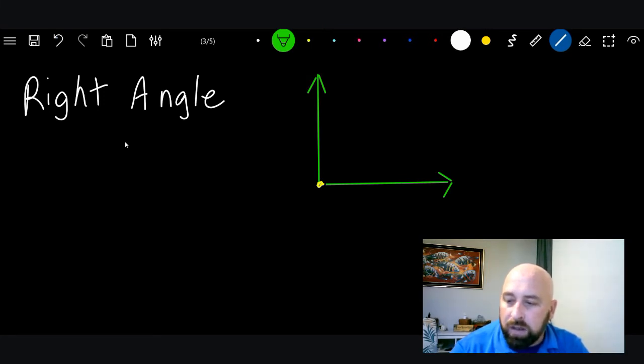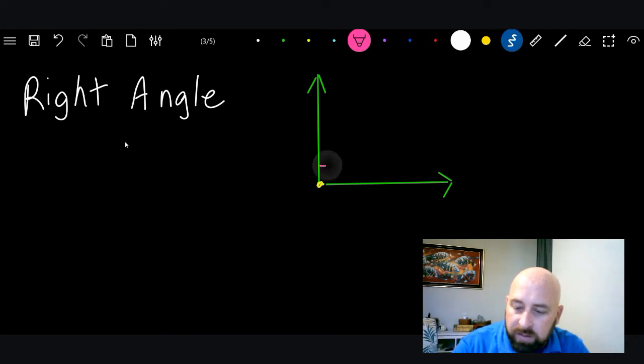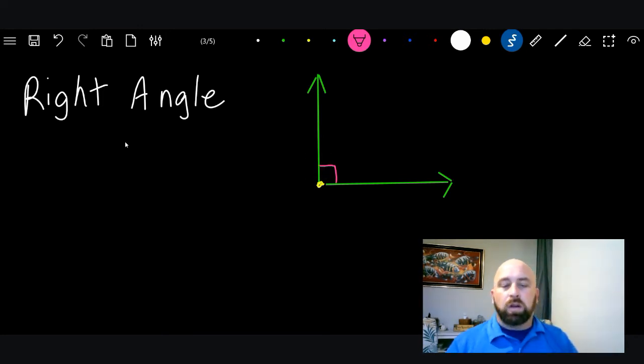Okay. And one way that we show that is we always put one of these things in here. When you see that little L right there, here's what that means. That means that is a right angle. If you don't see that, it might be a right angle, it might not be a right angle.